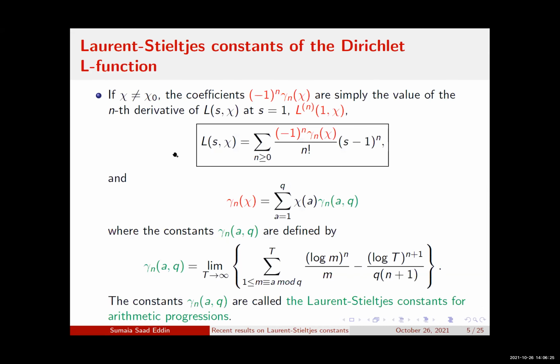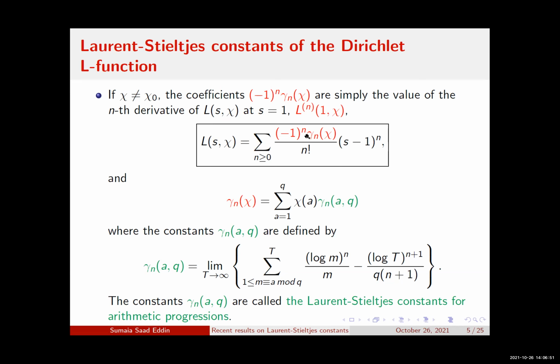In the second case, when the Dirichlet character is not principal, the Laurent expansion of the L-function at s equals 1 is given in this formula, and our coefficients, I mean the Stieltjes coefficients, are the value of the n-th derivative of the L-function at s equals 1.